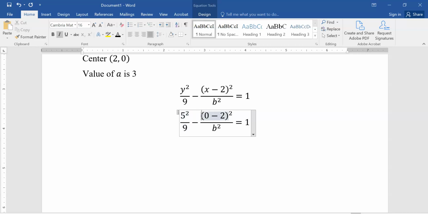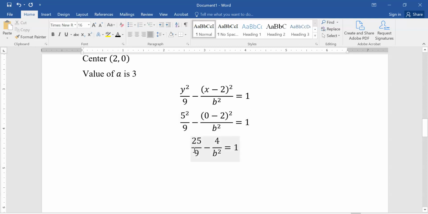Well, now I have an equation, and the only variable there to solve for is b, or in this particular case, b squared. So I can just take this equation and solve it for b squared. I have here 25 over 9, since 5 squared is 25, minus 4 over b squared, since negative 2 squared is 4, equals 1.